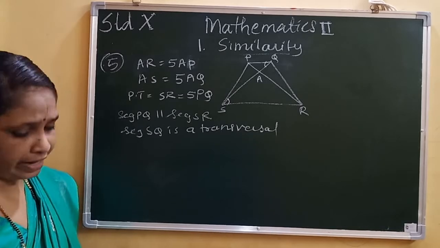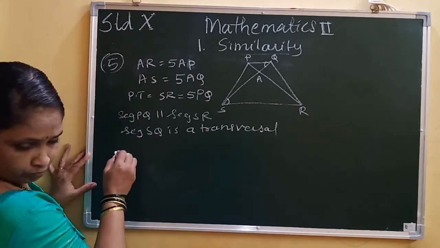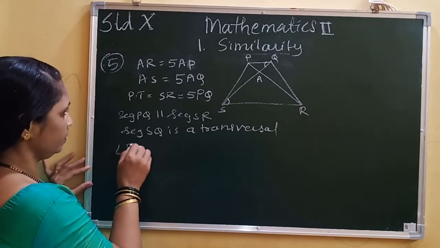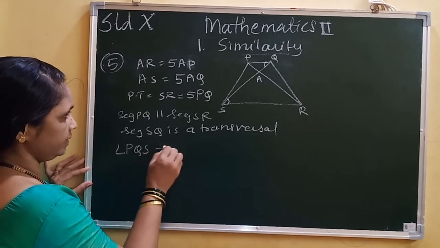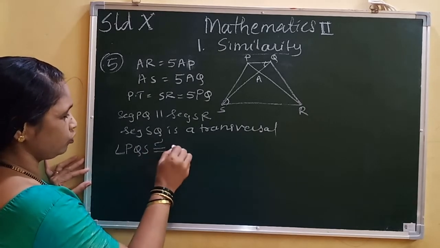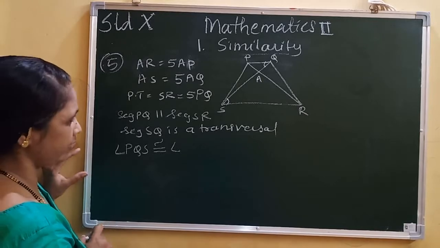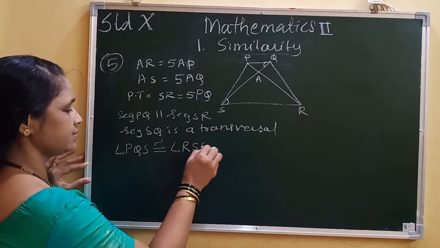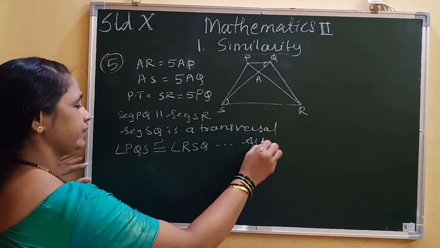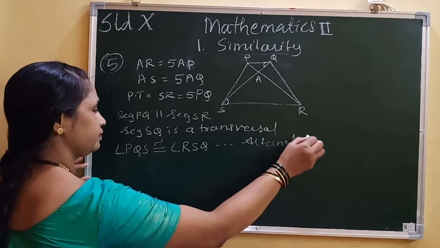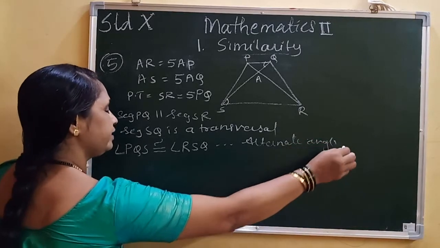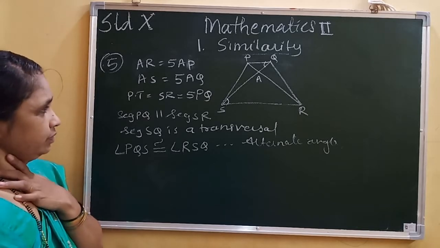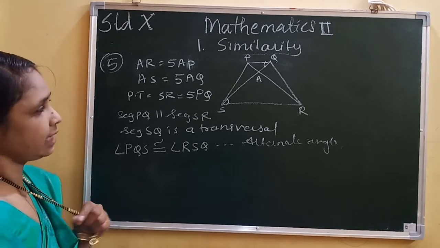So what we can write is angle PQS is congruent to angle RSQ. This is the alternate angle.